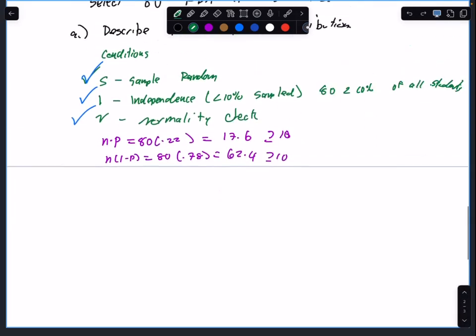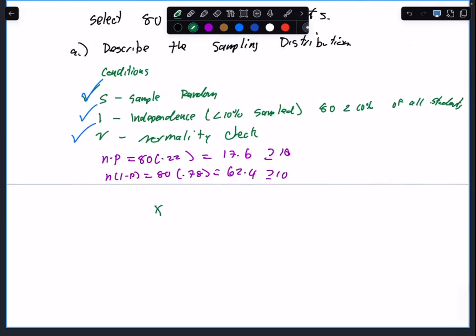Okay, so let me go on to the next line. X follows a normal distribution. X is approximately normal, because all these conditions are met.